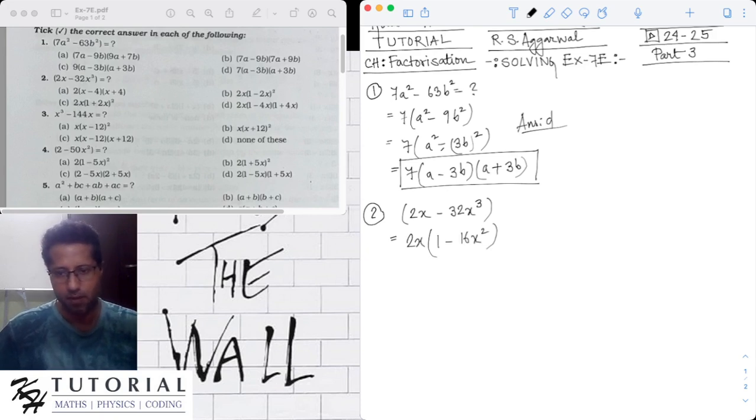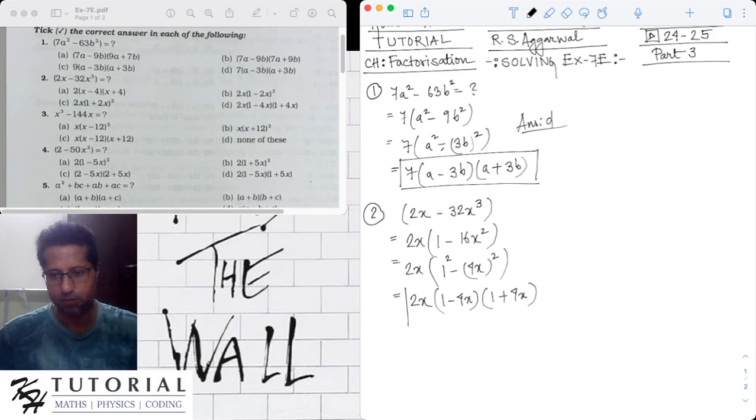Now I have to factorize 1 minus 16x square, which is of the form a square minus b square, because 1 is 1 square and 16x square is the square of 4x. Applying the identity a square minus b square equals a minus b into a plus b, we get 1 minus 4x multiplied by 1 plus 4x.